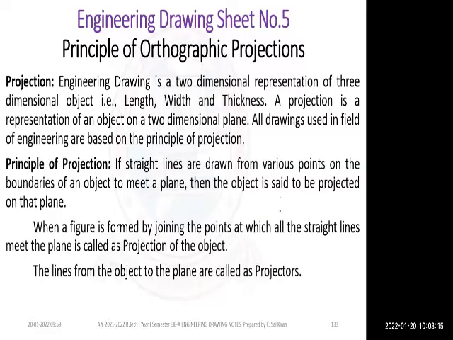And the lines that join the object are called projectors, or projector lines. Whatever object is created on the back side of the plane is called the projection of the object, and these lines are called projectors.